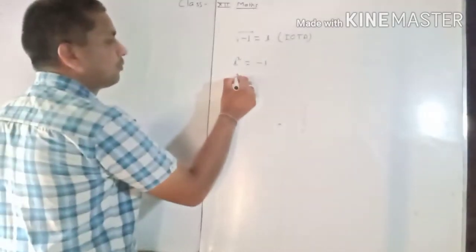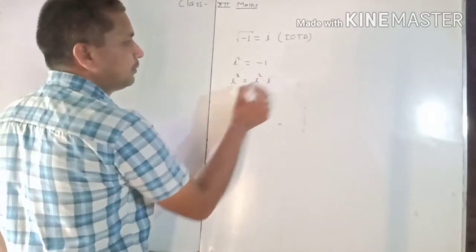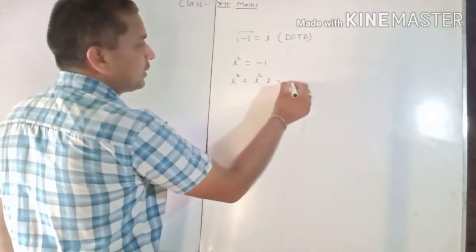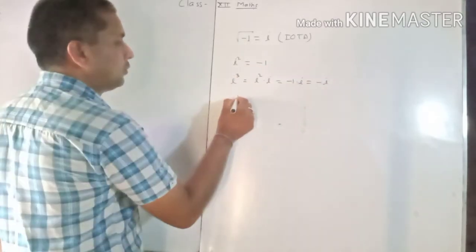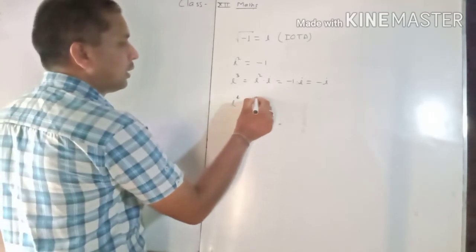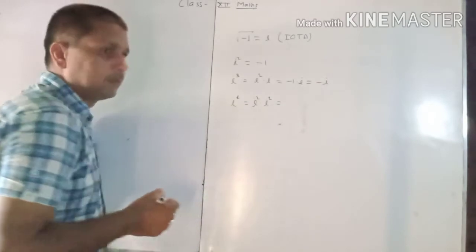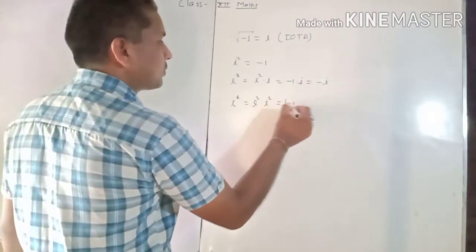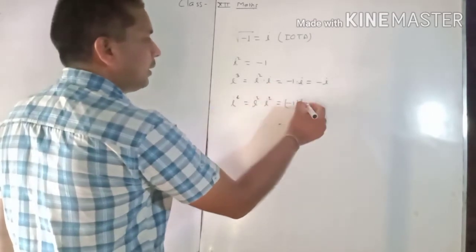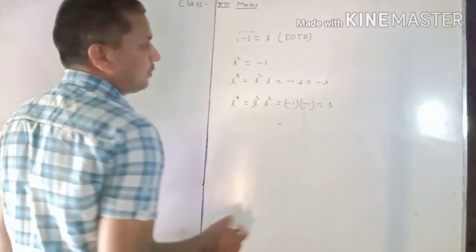i cube is equal to i square into i, means minus 1 into i, equal to minus i. i to the power 4 is equal to i square into i square. i square means minus 1 and i square means minus 1, so minus 1 into minus 1 we get 1.